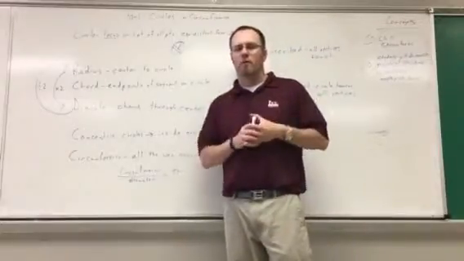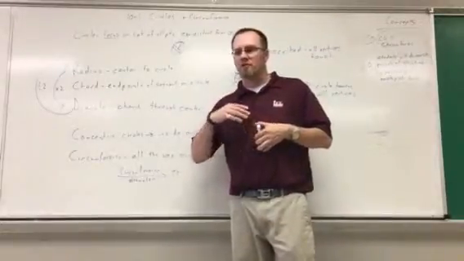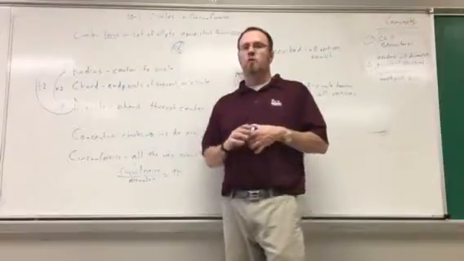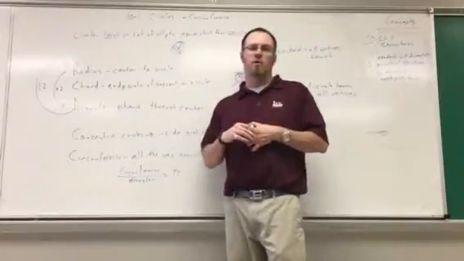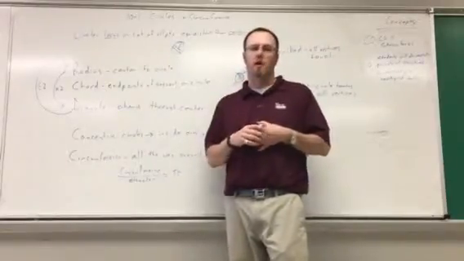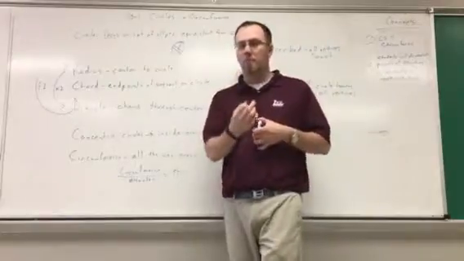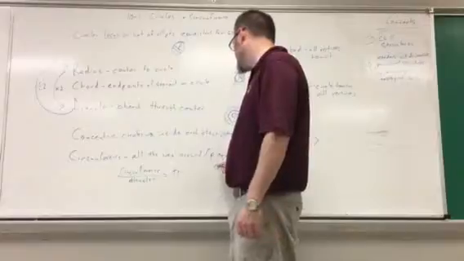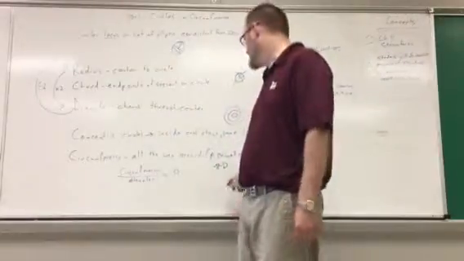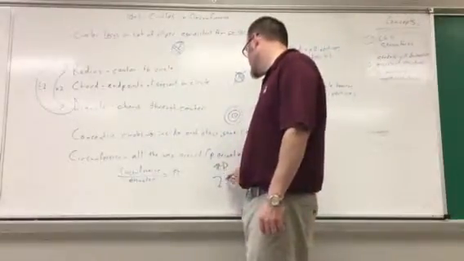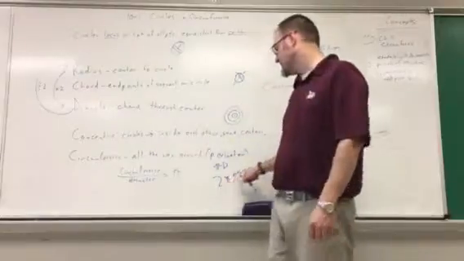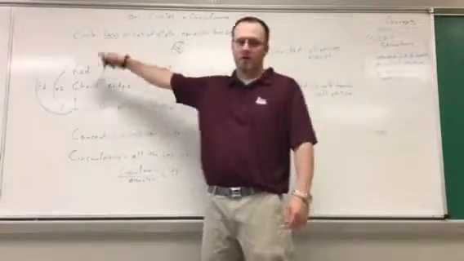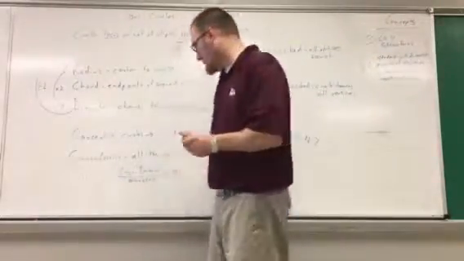I'd say from this point on, you either need to write your answer in terms of pi, which means instead of multiplying by 3.14 or pushing the pi button on your calculator, you need to just put pi, the symbol, on there. Circumference is either pi times the diameter, or pi d, or 2 times pi times the radius, because 2 times the radius is equal to the diameter, just like we talked about before.